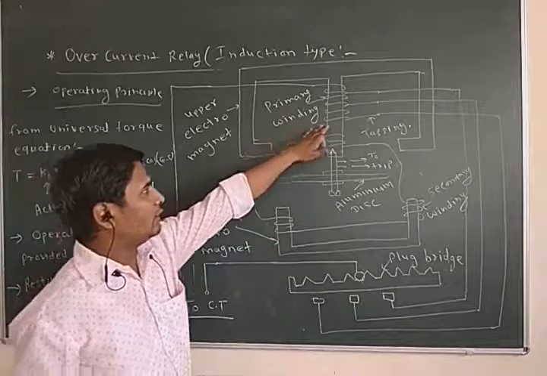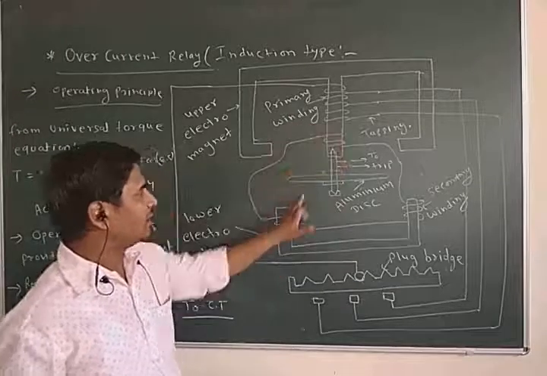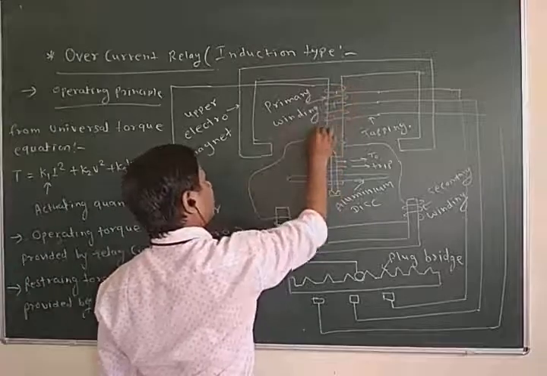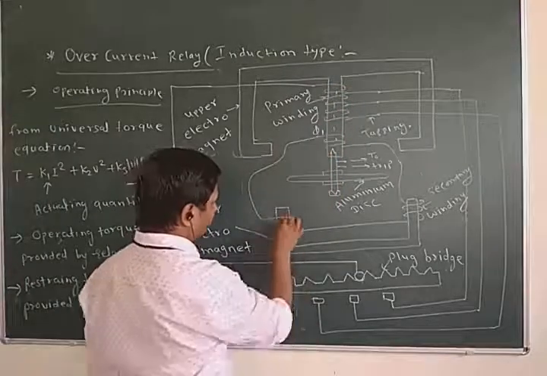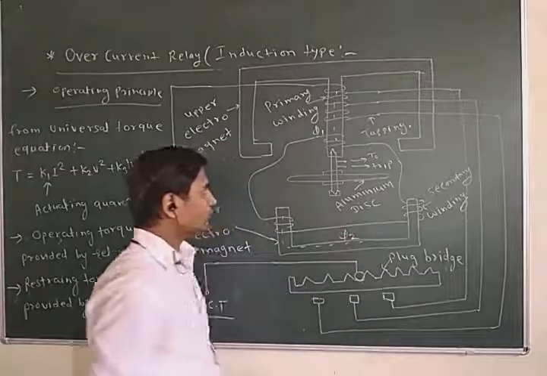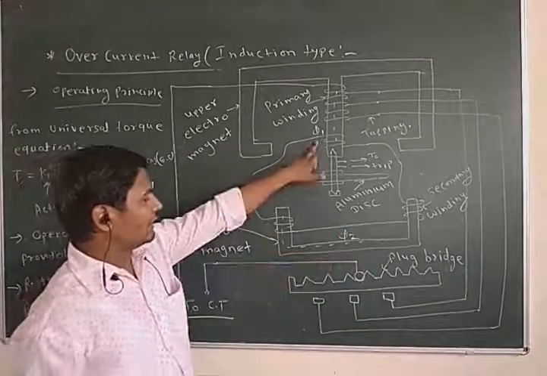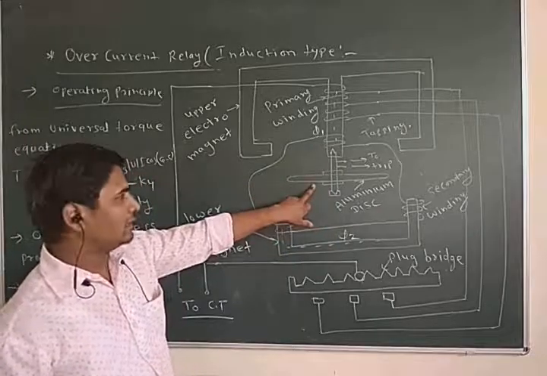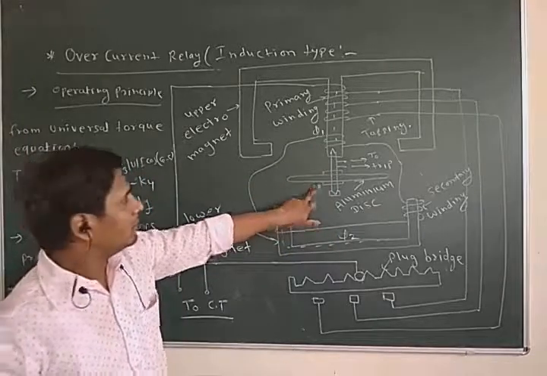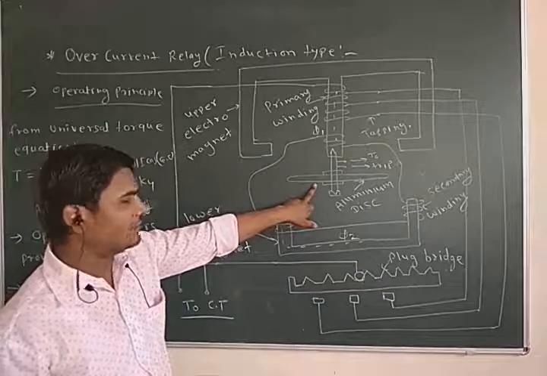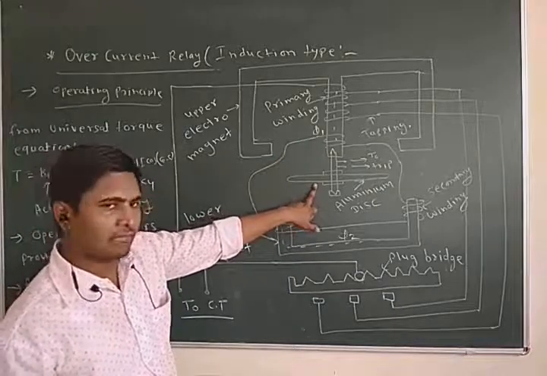Due to current flow in these windings, flux is produced. Let phi 1 be the flux in this winding, and in this core the flux is phi 2. Due to these fluxes phi 1 and phi 2, an EMF is induced in the aluminum disc. Due to phi 1, the EMF is E1 and the current is I1.